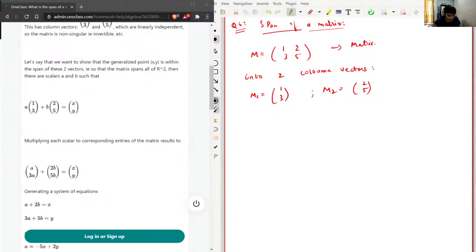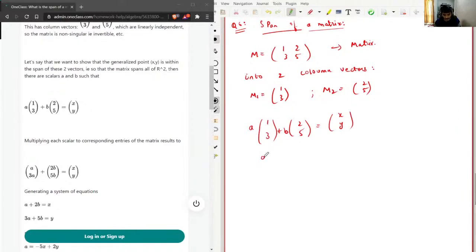Let's say that we want to show that the generalized point x comma y is in the span of these two vectors, that is, the matrix spans all of R squared. Then there are scalars a and b such that a times 1 3 plus b times 2 5 equals x y. We can multiply these scalar terms.